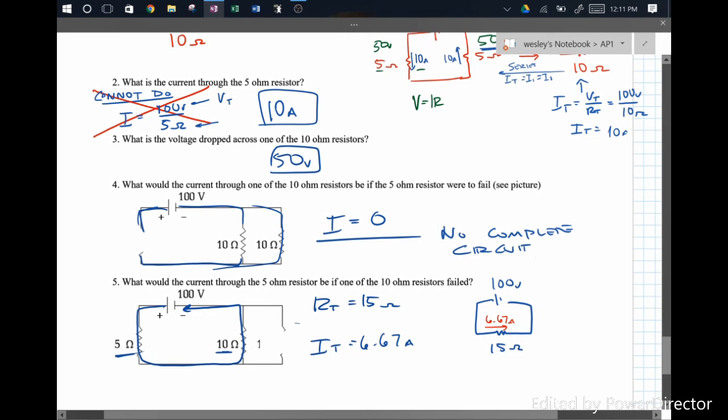That's a combination of things in series. So I have 6.67 amps running through the 5 and 6.67 amps running through the 10.